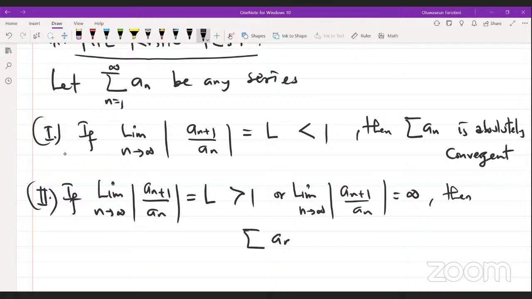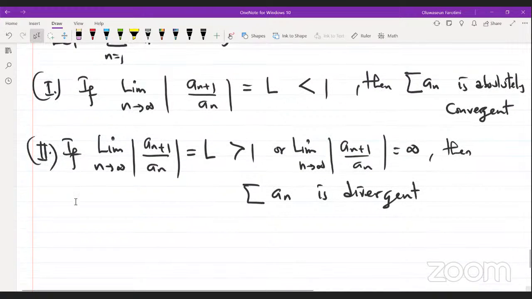You have some kind of divergence, right? It's divergent. There's nothing like conditionally divergent or absolutely divergent. You just say divergent, okay? So we don't use those terms such as absolute divergence or conditionally divergent, okay?